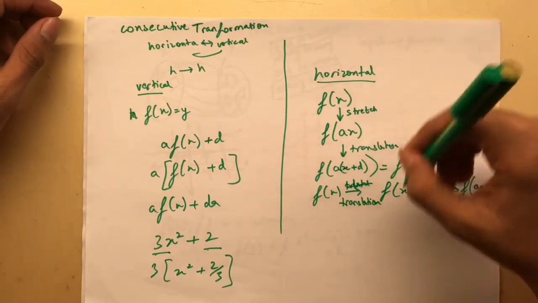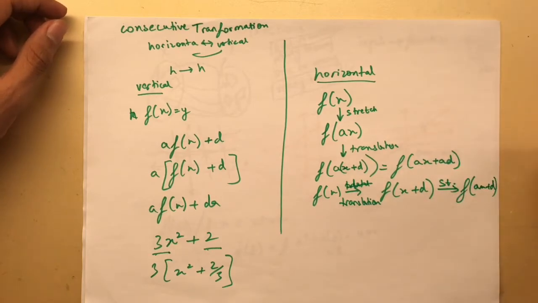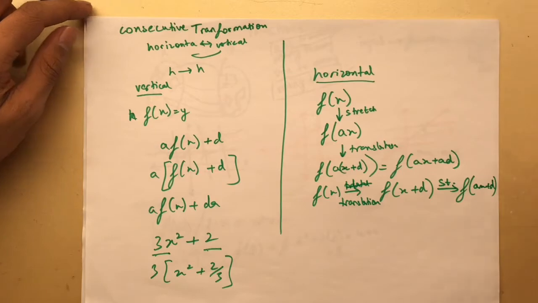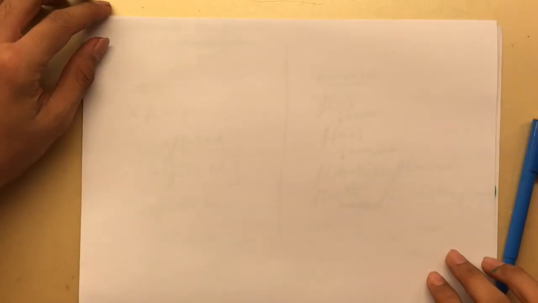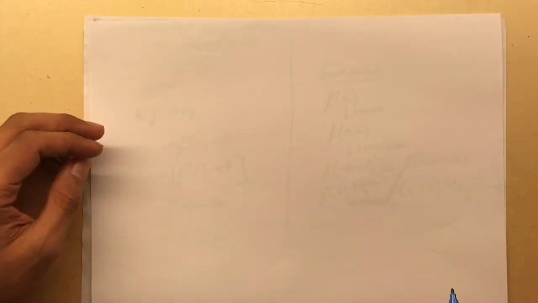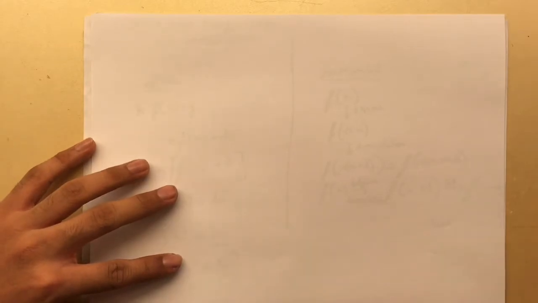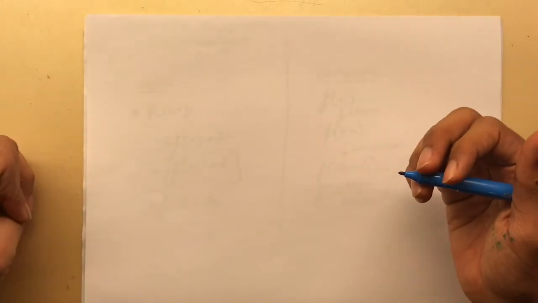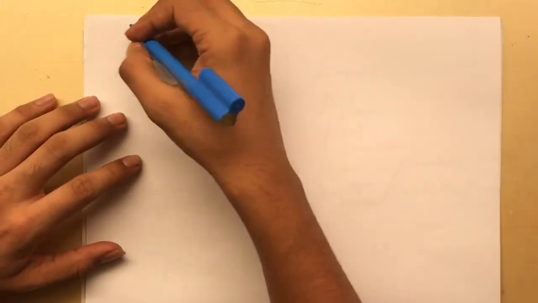And this can be a little challenging to do. So I'm just gonna do maybe one or two examples of these horizontal transformations because they can confuse you sometimes, because they don't follow the usual mathematical order.